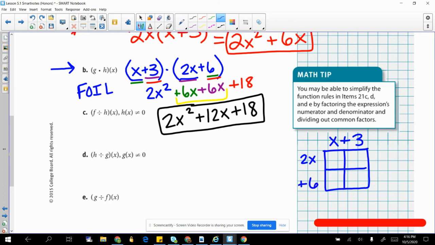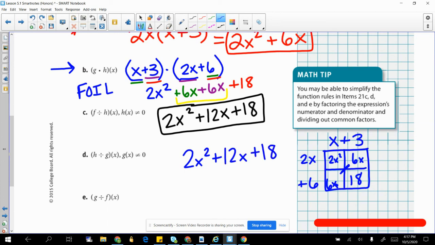So 2x times x is 2x squared. 2x times 3 is 6x. Notice I'm doing the same thing, really. 6 times x is 6x. And 6 times 3 is 18. Again, I would combine like terms here, and I would get 2x squared plus 12x plus 18.